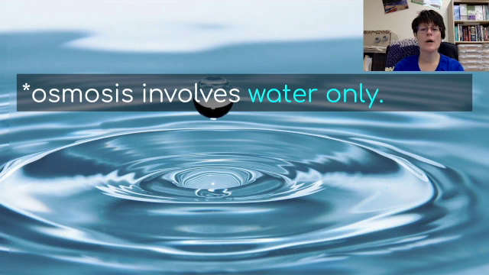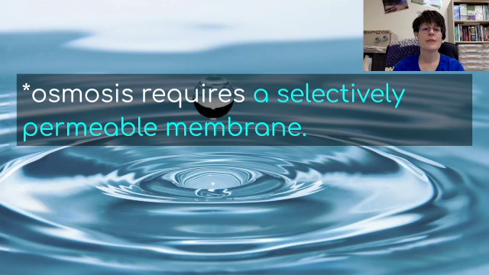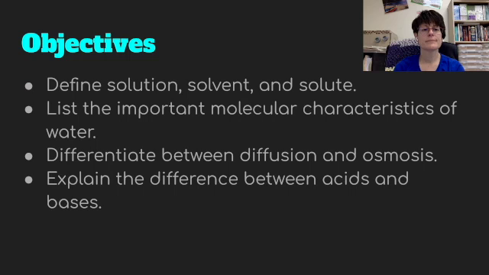Osmosis involves water only. That's the only thing it involves. Diffusion can happen anywhere. It can happen in this room, it can happen in a beaker of water. Osmosis requires a selectively permeable membrane, as we're going to work with in class.